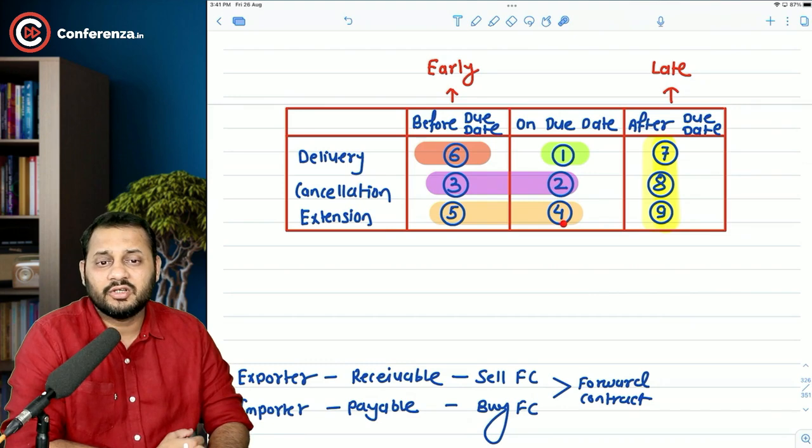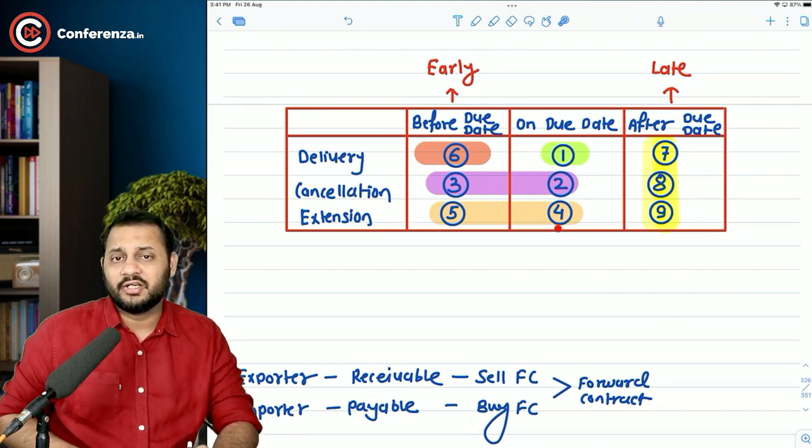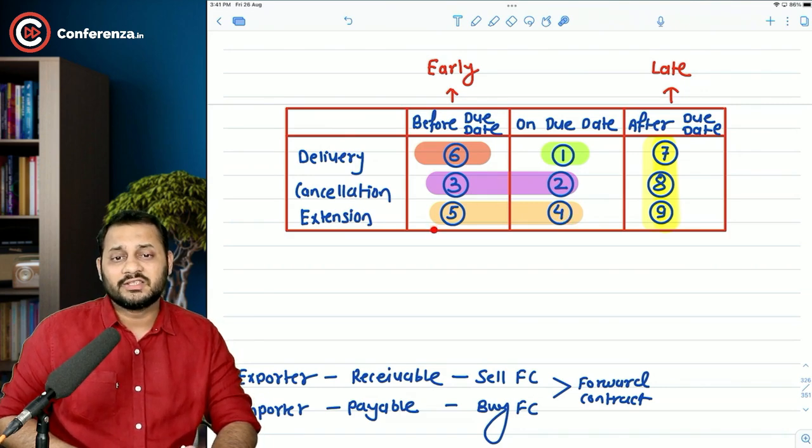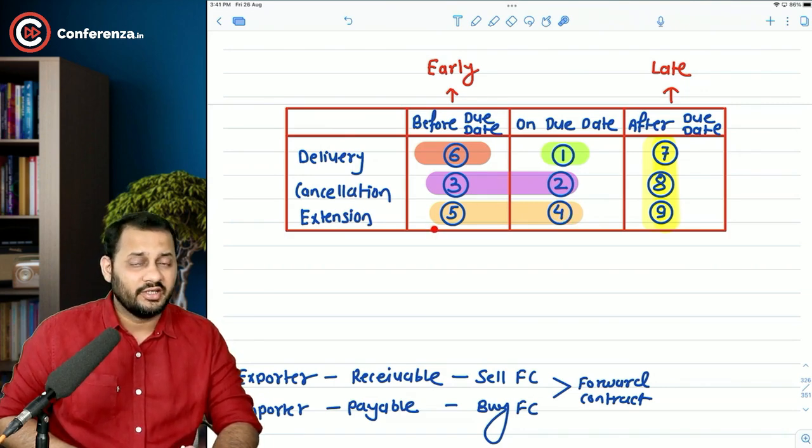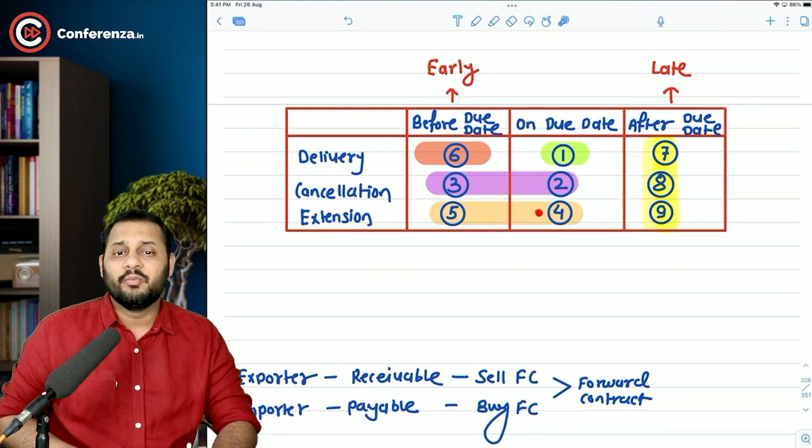So sometimes exactly on due date you will get to know that you are not able to deliver the goods or deliver the foreign currency on due date. Now you need extension on due date. Sometimes there is 1 month left for the delivery and you get to know that you will not be able to deliver the foreign currency on due date. That's why 1 month before itself you go to the bank and ask for the extension of the forward contract. Sometimes you make a default.